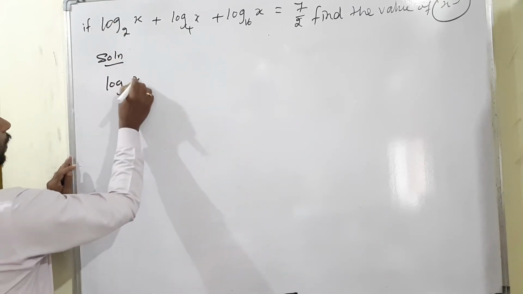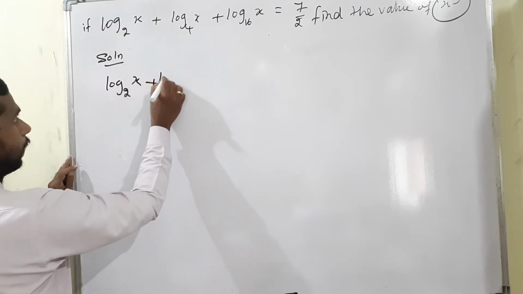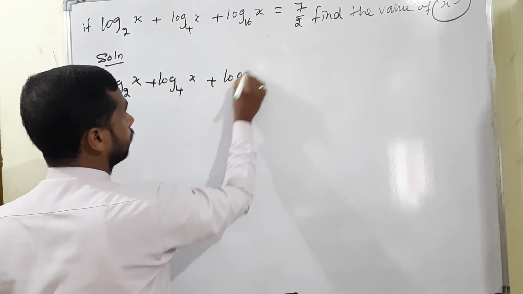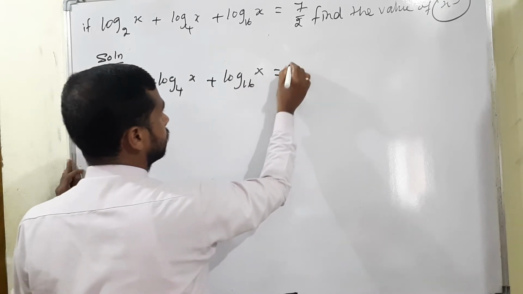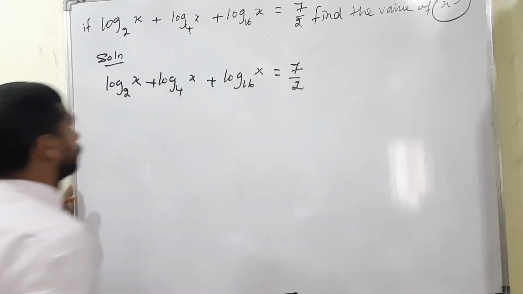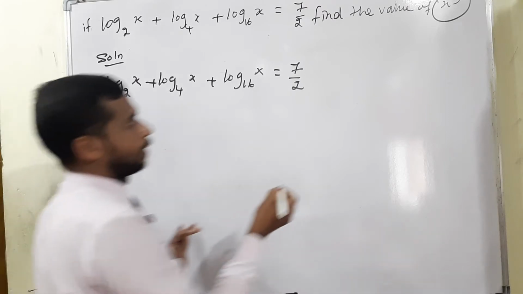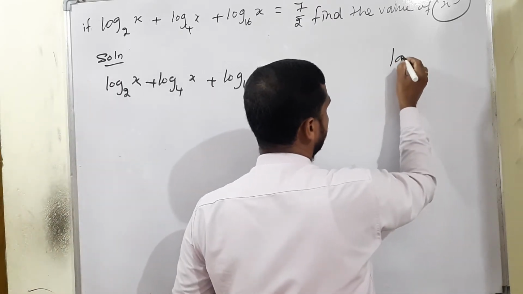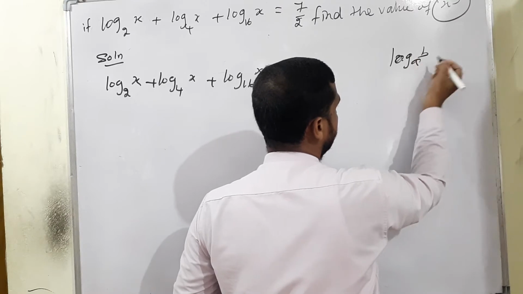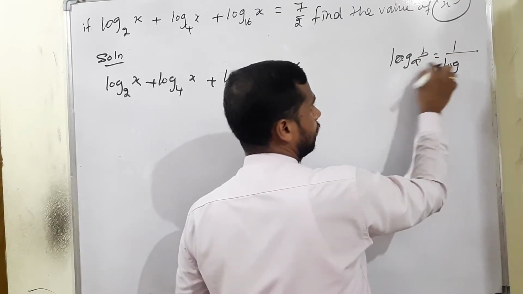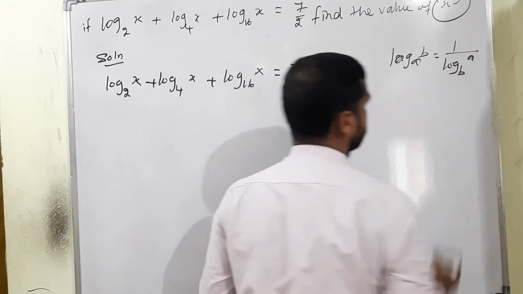The condition is log x base 2 plus log x base 4 plus log x base 16 is equal to 7 by 2. If we make it reciprocal, for example, log b base a: to convert to the reciprocal, a and b interchange, so log a base b.